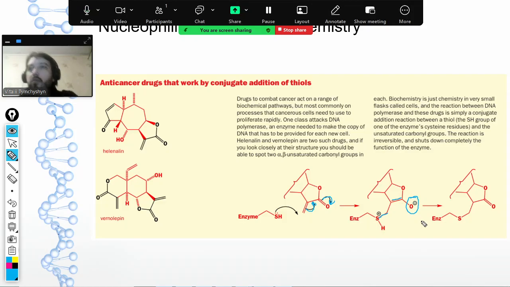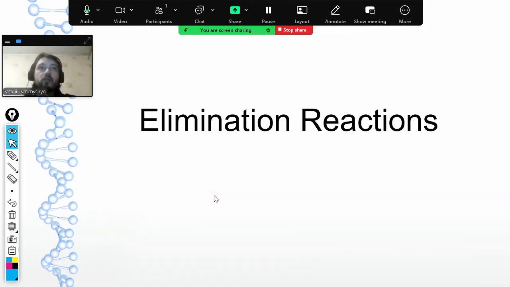Then we can lose this proton, restore the charge of this sulfur atom, and restore the double bond of the oxygen atom. So that's basically the reaction we have. Okay, that's good for nucleophilic addition.